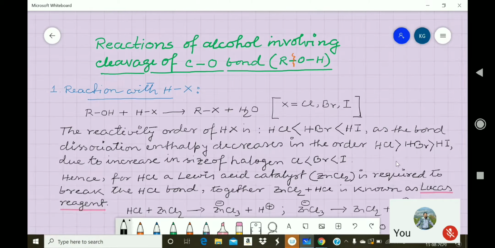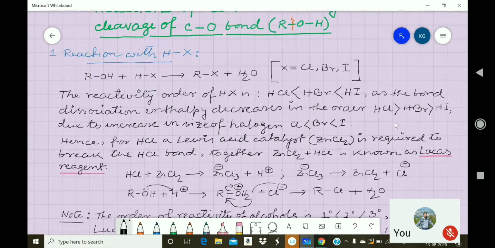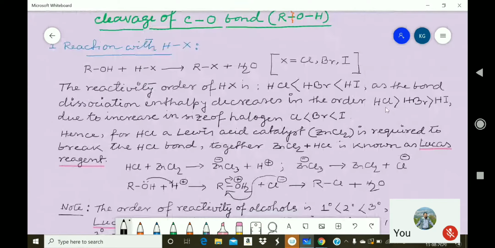Now, particularly for HCl, since the bond dissociation enthalpy is very high, a Lewis acid catalyst, ZnCl2, is mainly used, and together the reagent is called Lucas reagent, the mixture of ZnCl2 and HCl.